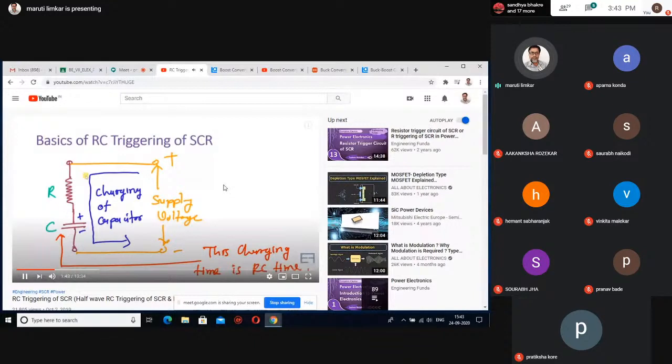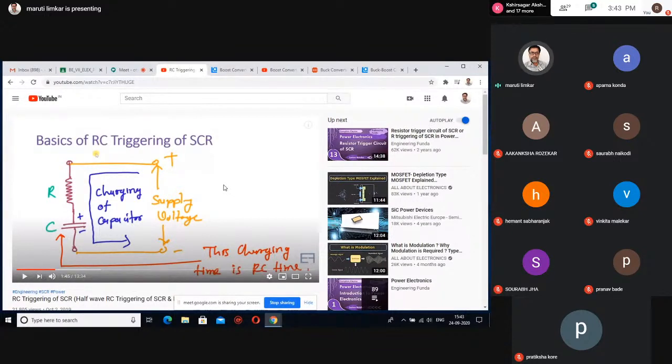I think all of you already know the basic concept of the time constant tau. So tau is equal to RC. If this tau is very large, then the capacitor will take more time to charge.